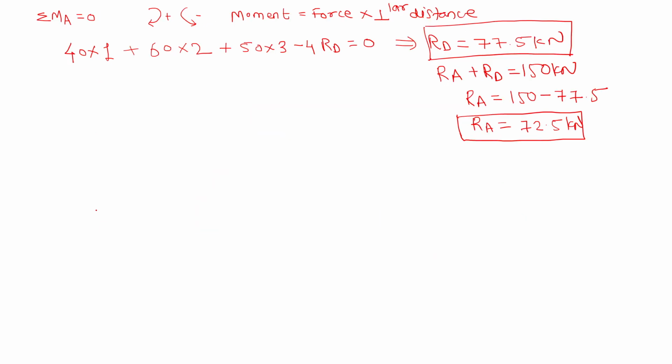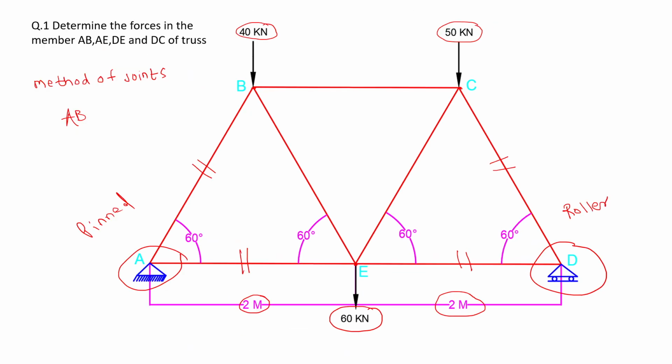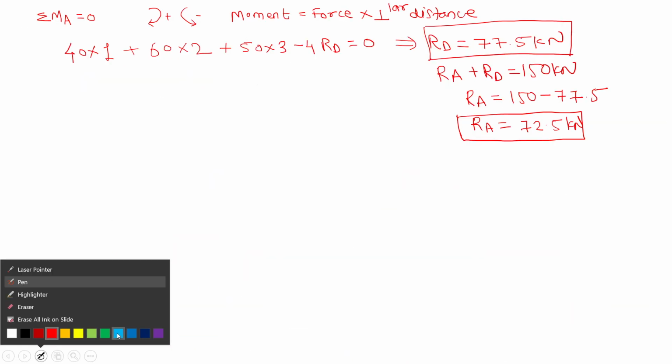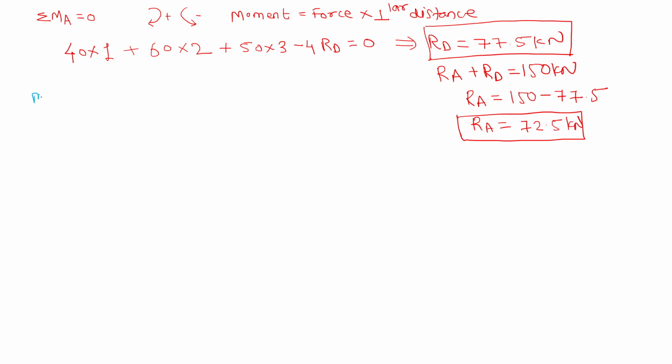Okay. Now we have to determine the member forces AB and AE. First AB and AE, and both are connected to joint A. So in method of joint, this is a very important point. In method of joint, you have to select a joint where there are maximum two unknown forces.